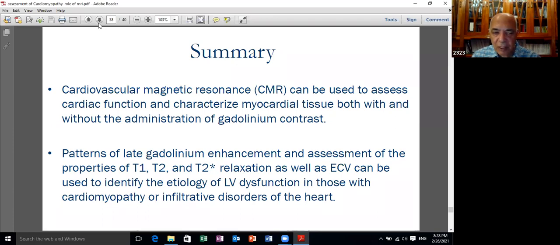Now, as you see from this lecture, that's not the situation at present. Patterns of late gadolinium enhancement and assessment of properties of T1, T2, and T2 star relaxation, as well as the extracellular volume, can be used to identify the etiology of left ventricular dysfunction in those with cardiomyopathy or infiltrative cardiac disorders. So we stop at this stage and we take questions the way you like.